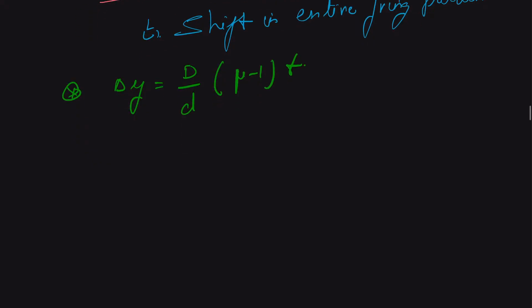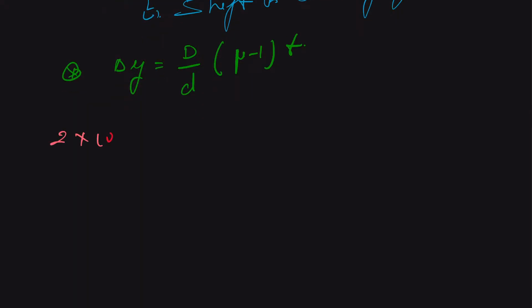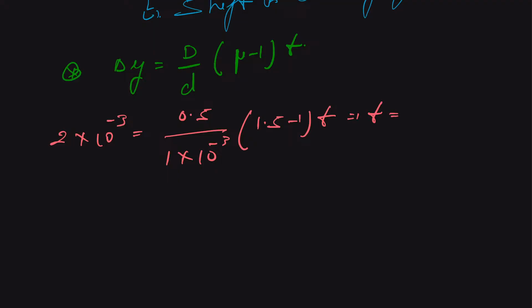Now we simply substitute the values, giving 2 into 10 to the power minus 3 is equal to 0.5 over 1 into 10 to the power minus 3, times 1.5 minus 1, times T, which we are supposed to find out. So we get T to be approximately 8 micrometer. In this case we have to remember that the central fringe shift is independent of the wavelength.